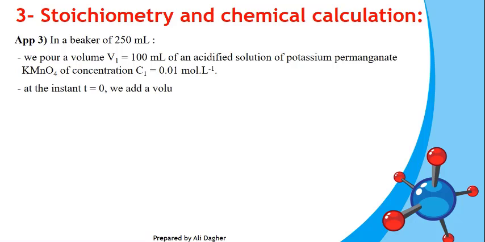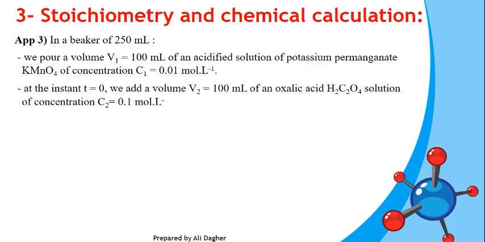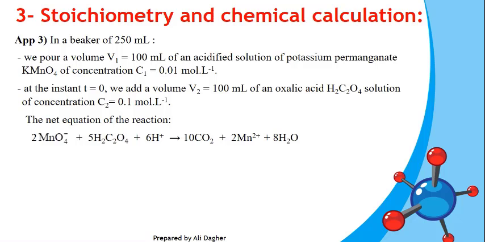At the instant t equals 0, the instant of the starting of the reaction, we add a volume V2 equal 100 milliliter of an oxalic acid H2C2O4 solution of concentration C2 equals 0.1 mole per liter. The net equation of the reaction: 2MnO4- plus 5H2C2O4 plus 6H+ gives 10 CO2 plus 2Mn2+ plus 8H2O.